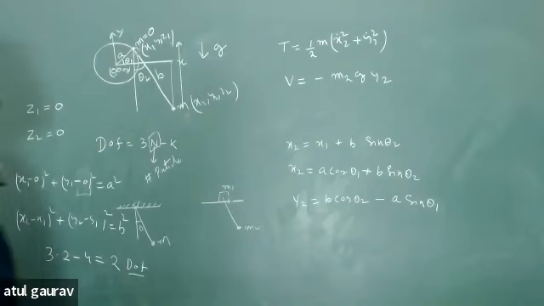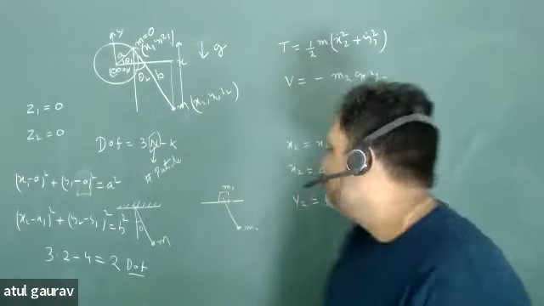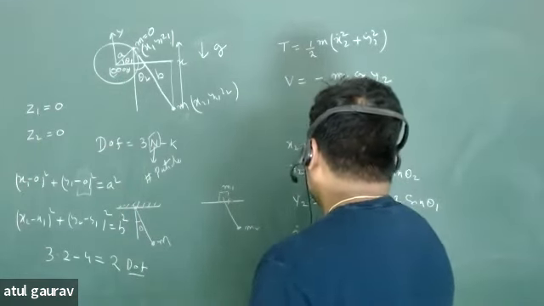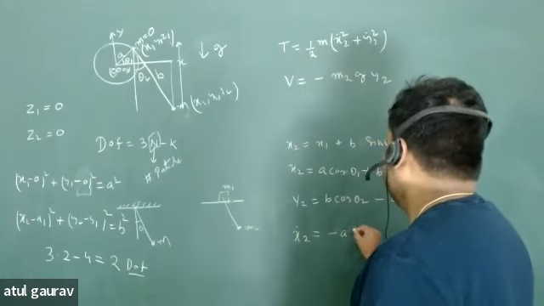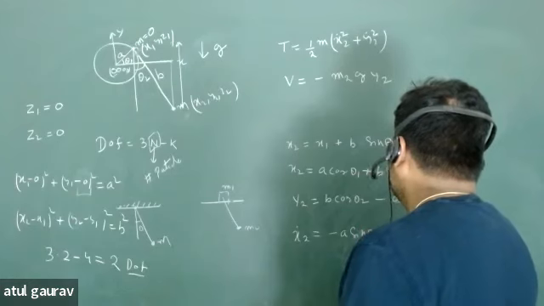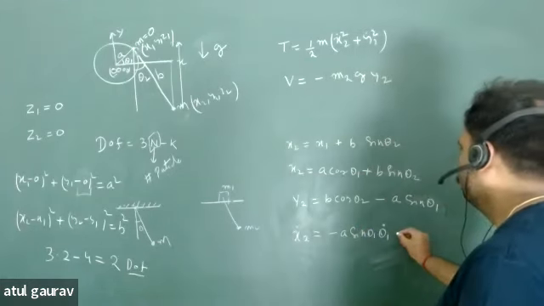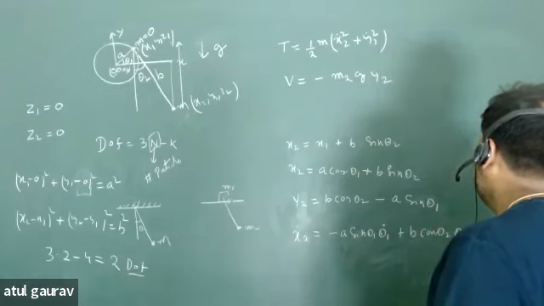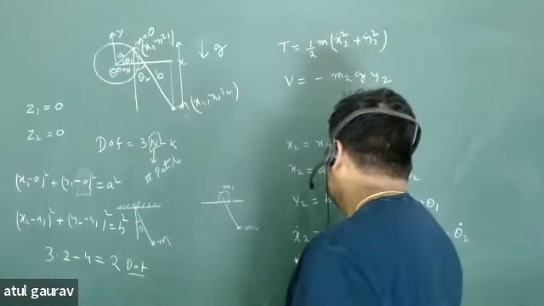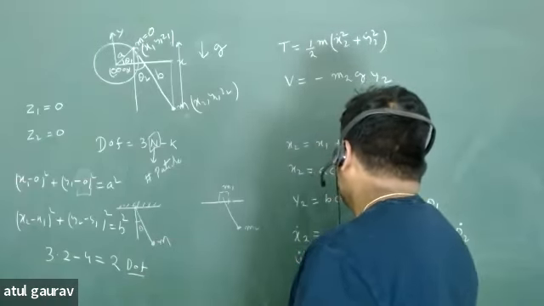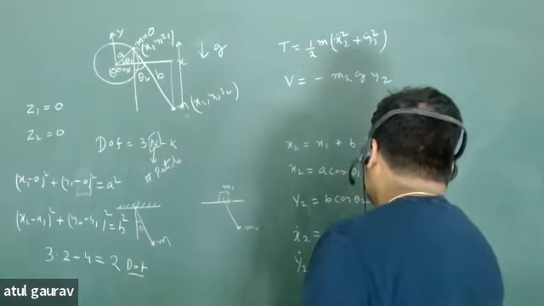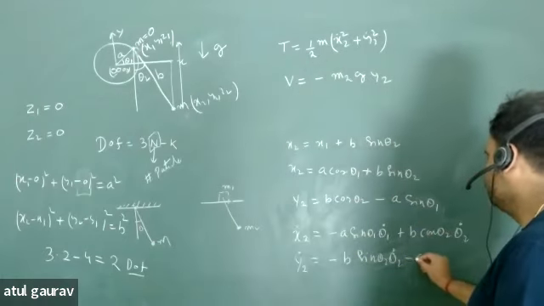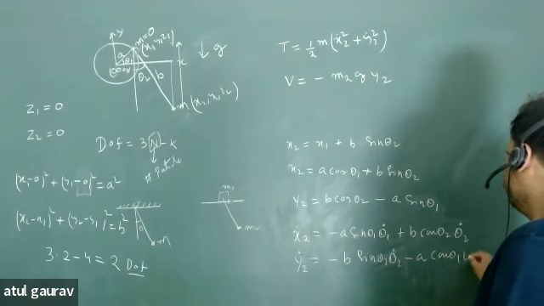Okay. Now you will go for calculating x2 dot square and y2 dot square. So when we write x2 dot, this value is minus a sin theta 1 dot plus b cos theta 2 dot. y2 dot is equal to minus b sin theta 2 dot minus a cos theta 1 dot.